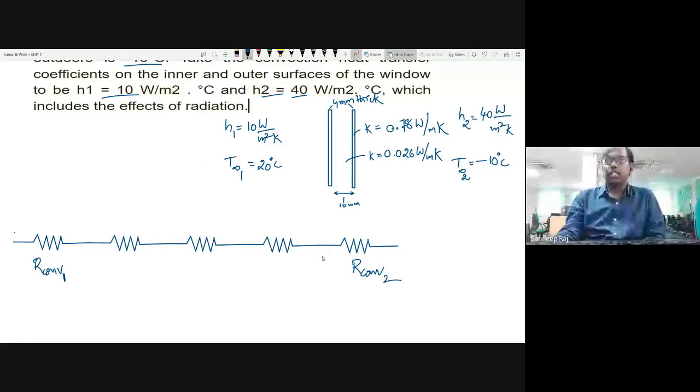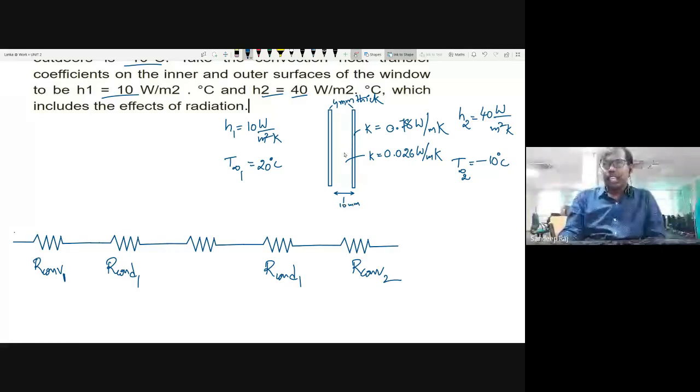So this is one atmosphere, this is the other atmosphere: R convection 1 and R convection 2. And this being R conduction 1. And the other side also you have 4 mm thick, so this is also R conduction 1. Both values will be the same. You need not write it 2 times, so that's why I'm writing with the same name.